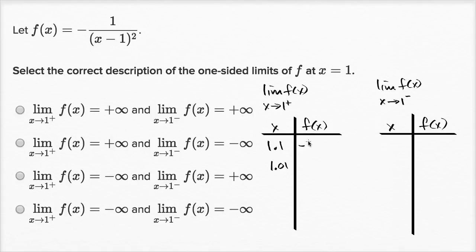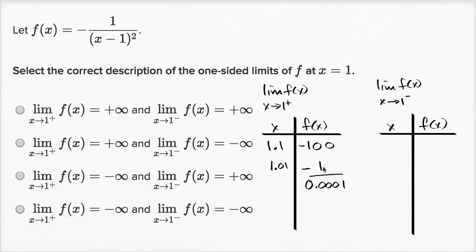So let me just write that down. That's going to be negative 100. So if x is 1.01, well, this is going to be negative 1 over 1.01 minus 1 squared. Well, in this denominator, this is the same thing as 0.01 squared, which is the same thing as 0.0001, 1/10,000th.